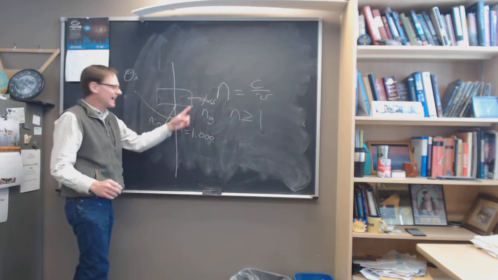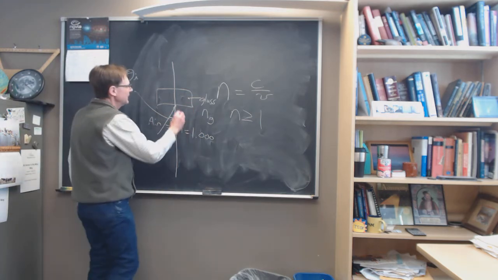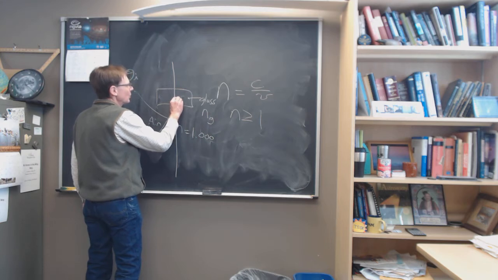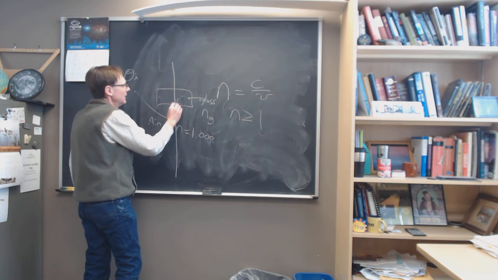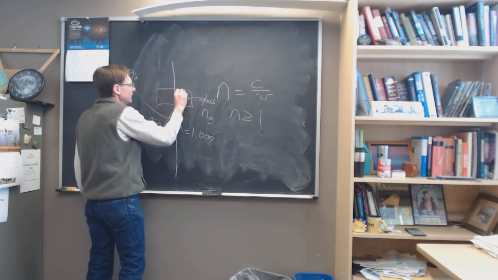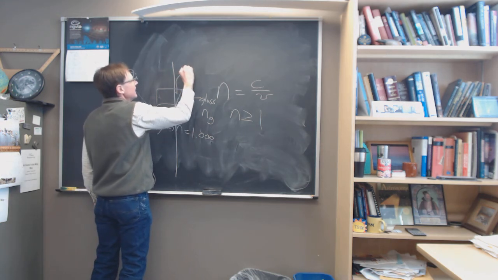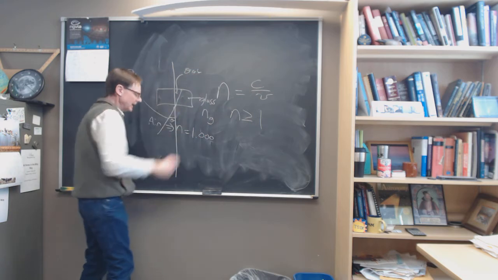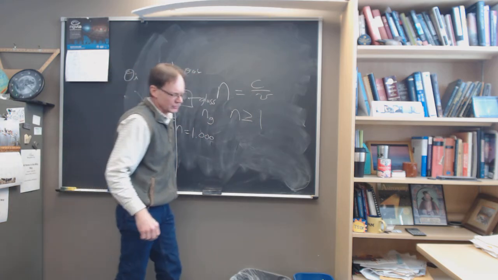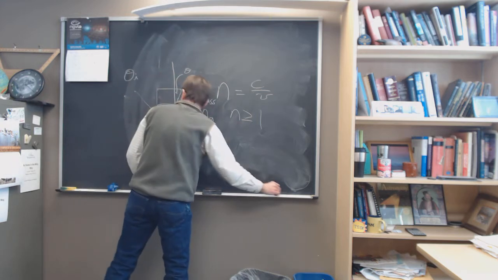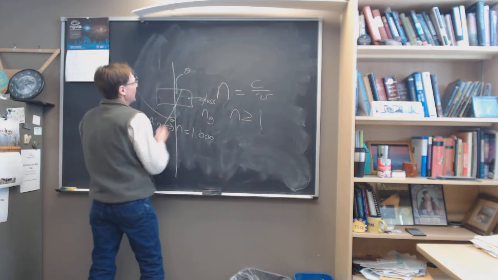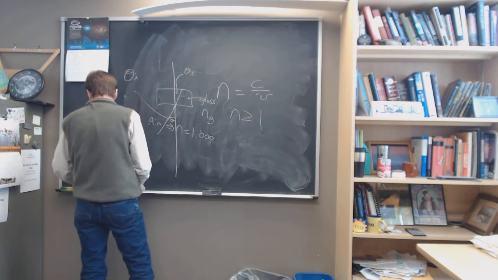If n of the glass is greater than n of the air, it's going to be refracted. It's going to be bent toward the normal, toward this line that passes through the glass. And so it's going to go through here, and that's going to be theta refraction, or the theta transmitted, if you will. Let's call it theta t for this class. So we're going to call that the transmission angle right there.